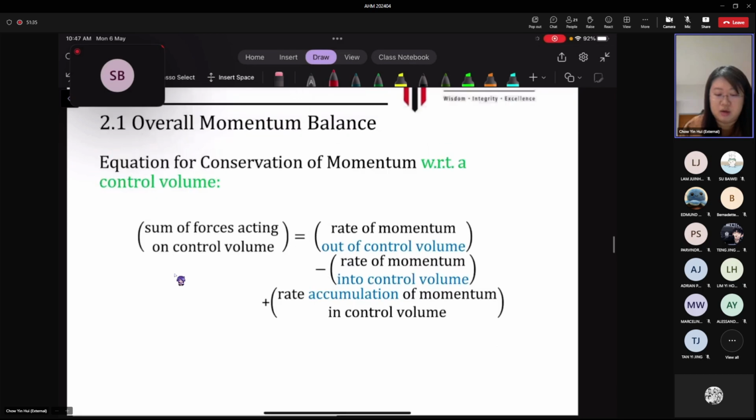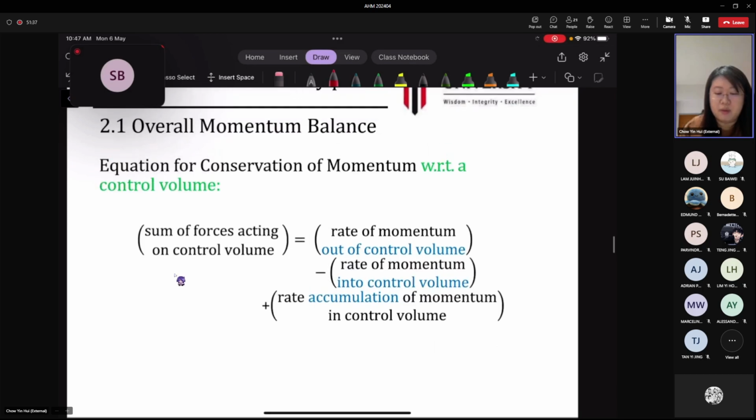Now, this is the overall momentum balance equation, where the sum of forces that act on a control volume equals the rate of momentum leaving the control volume, minus the rate of momentum entering the control volume, plus the rate of accumulation of momentum.